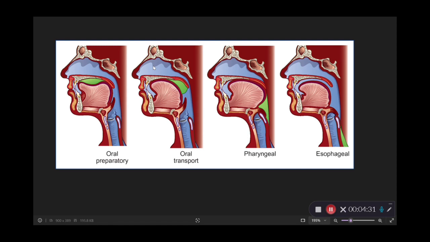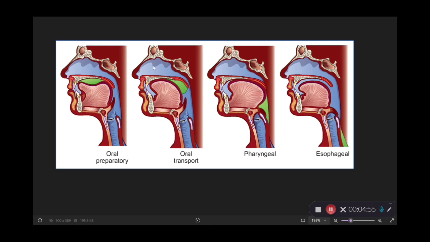Once the bolus clears into the esophagus, the sphincter muscle at the top of the esophagus is going to close. And the esophagus is going to propel, or push, the bolus all the way down and into our stomach.